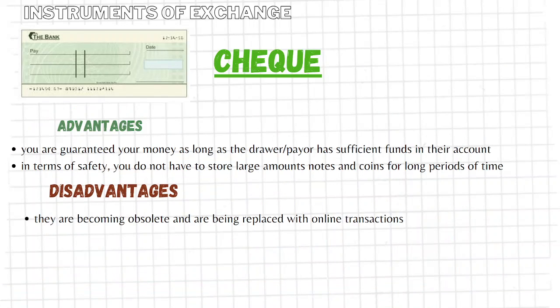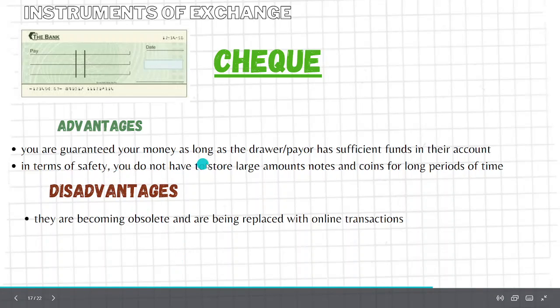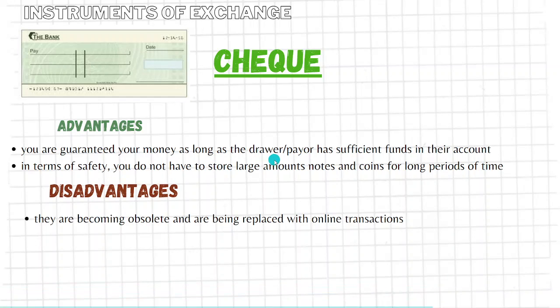So some of the advantages include that you are guaranteed your money as long as the drawer or payer has sufficient funds in their account, and if they do not, you will have a bounced check, and that is a situation all by itself.